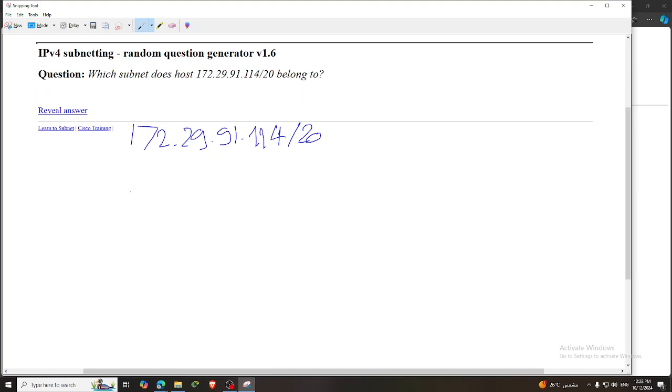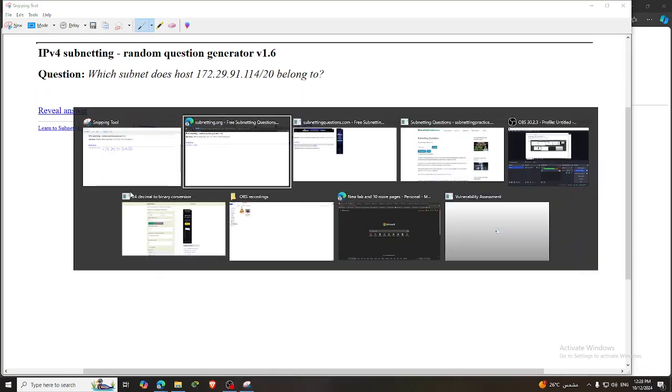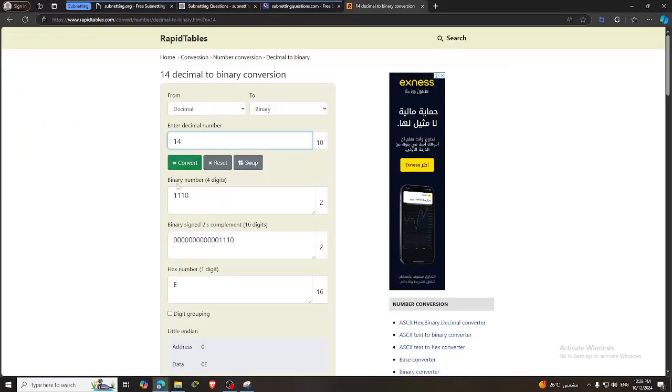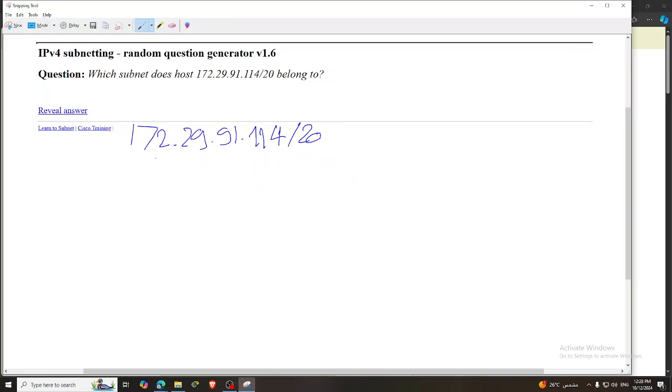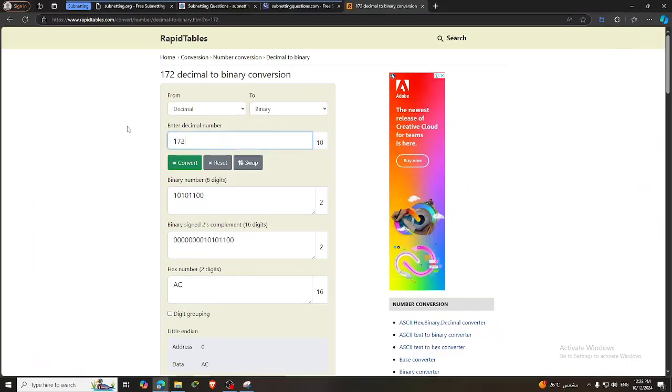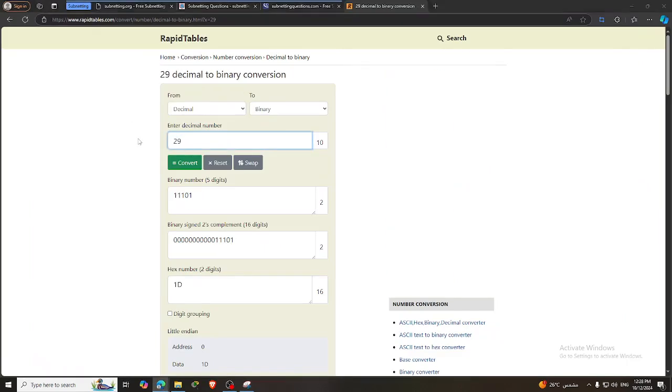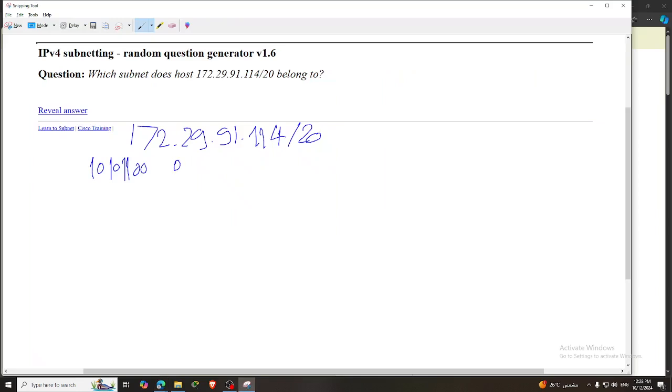So let's jump into this. 172 is 10101100, 1, 2, 3, 4, 5, 6, 7, 8. Okay, and 29 is 5 digits, so we will have 3 zeros, 000 and 11101.